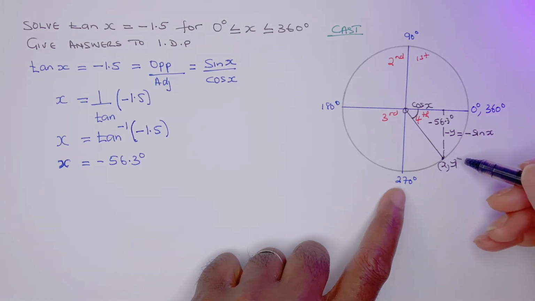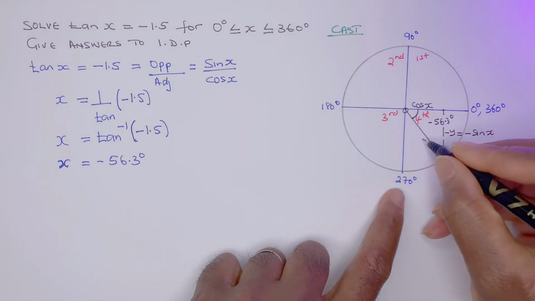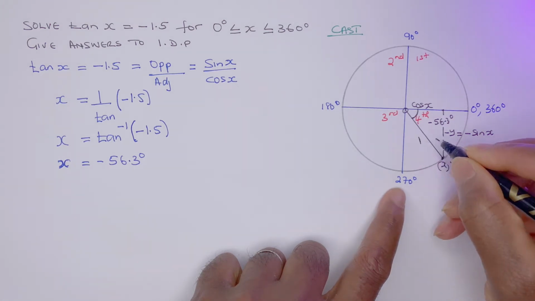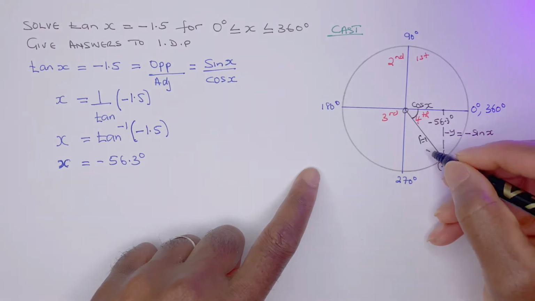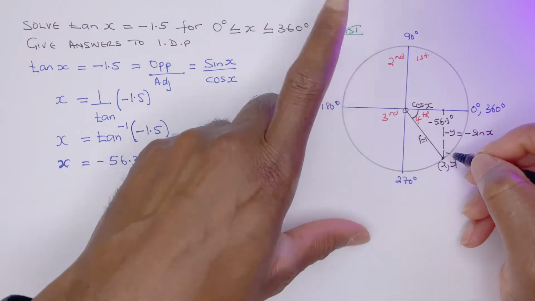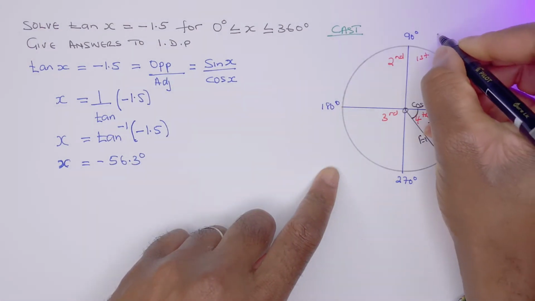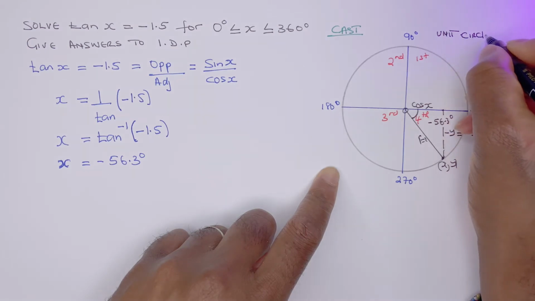That's why it's minus sine x, because y is always sine x, because I'm using unit radius. So this is 1. The radius is 1. So r equals 1, unit radius. And so this is using unit circle. So if I write it here, unit circle.